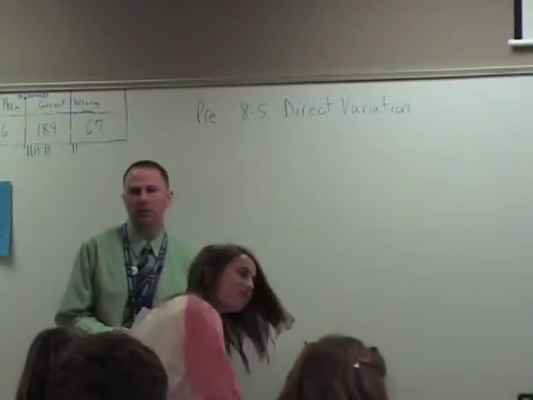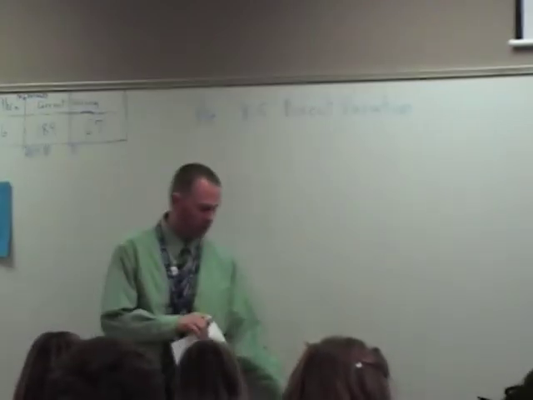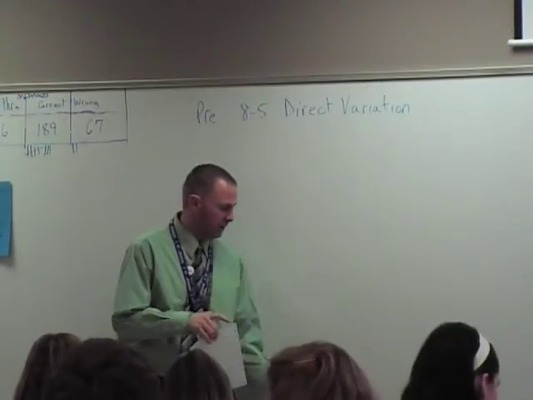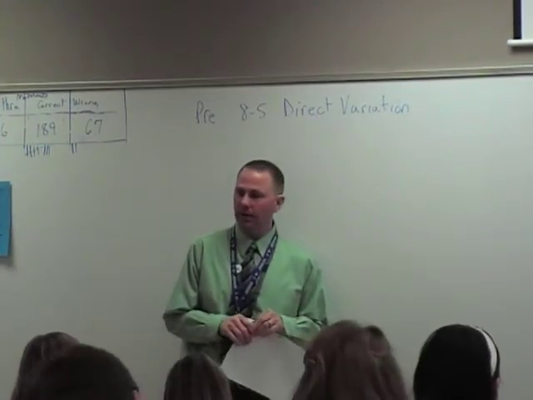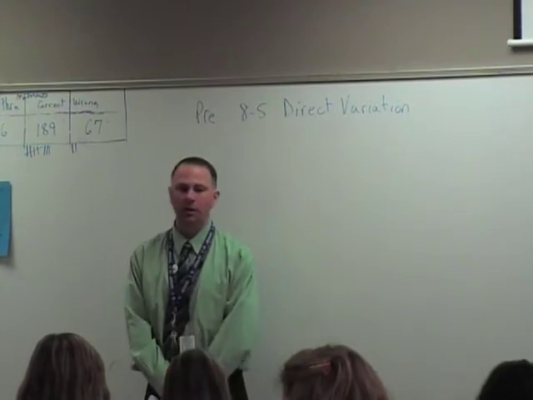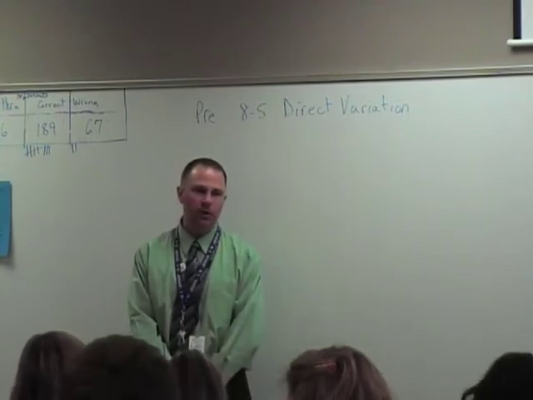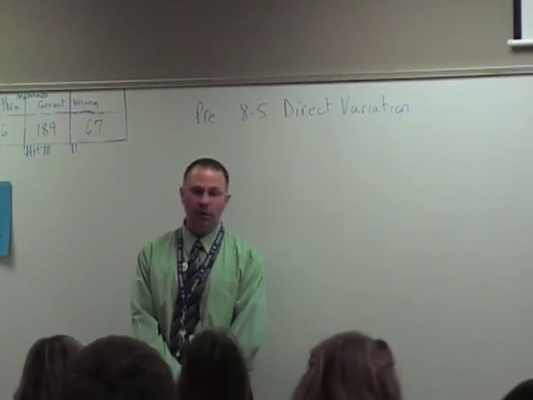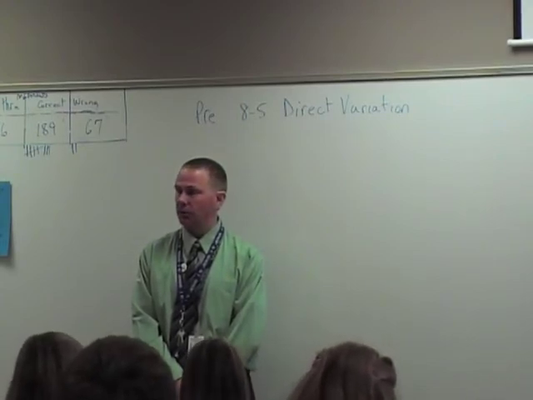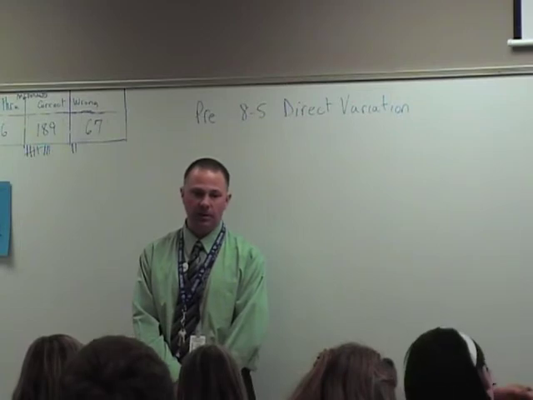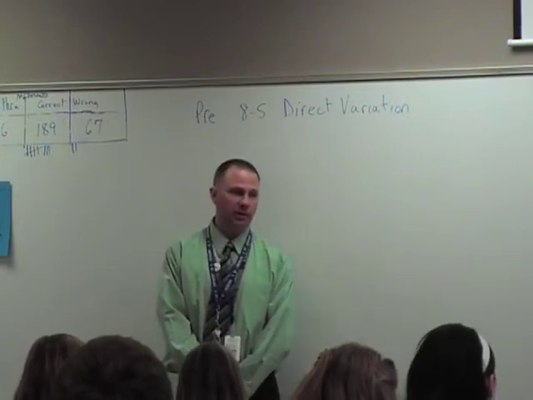So direct variation, just kind of talking about what it means. It's talking about how x and y vary directly with each other. For instance, if you go and fill up your car with gas, let's say the gallons of gas that you purchase is your x, and the cost of it is your y.